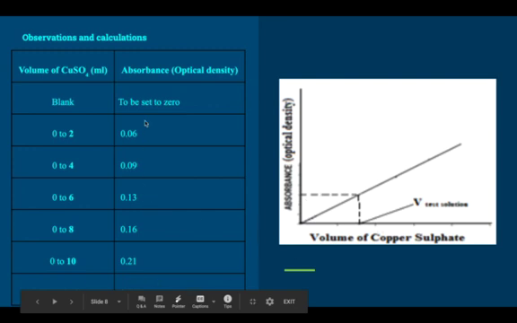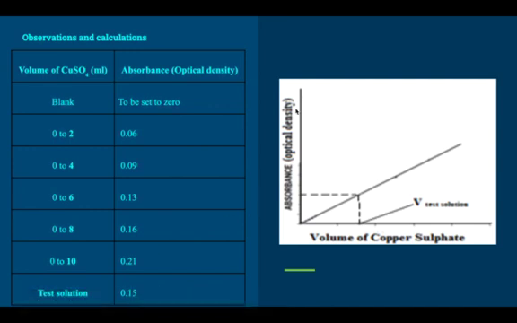Now with these values you will plot a graph with absorbance along the y-axis and volume of copper sulfate along the x-axis. You will get a calibration curve, which is a straight line graph passing through the origin. If it passes through the origin, it means Beer-Lambert's law is followed.